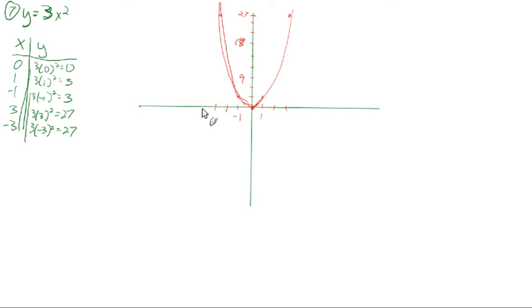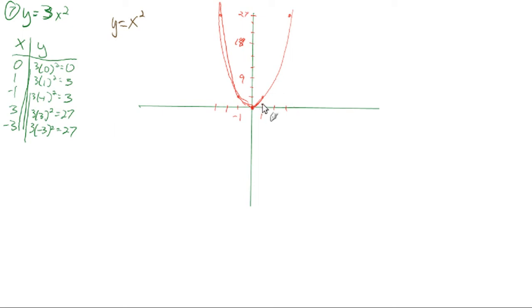So how does it compare to x squared? Well, if you go back to the previous video, you'll find that x squared does not increase this much. In fact, this one increases 3 times faster than x squared does. If this were y equals x squared, then we would have 1, 1.